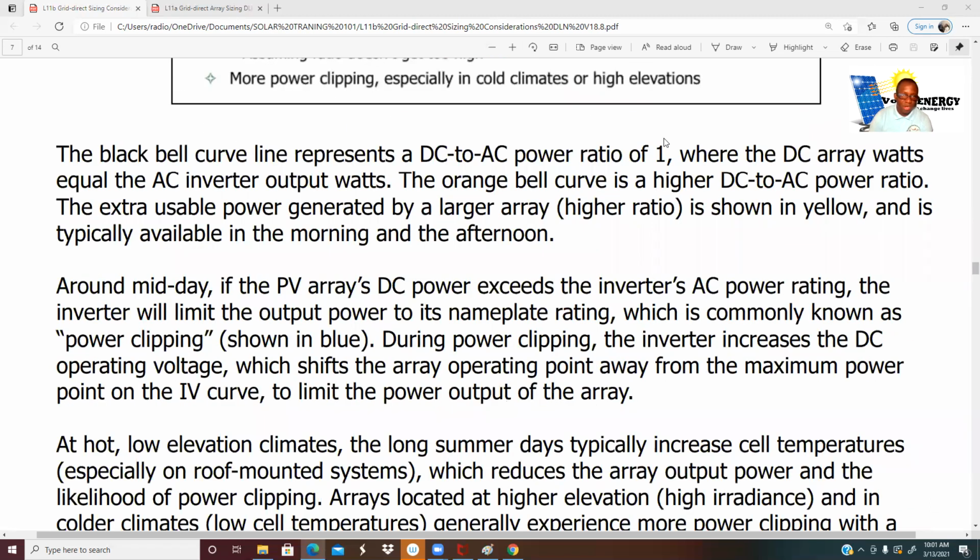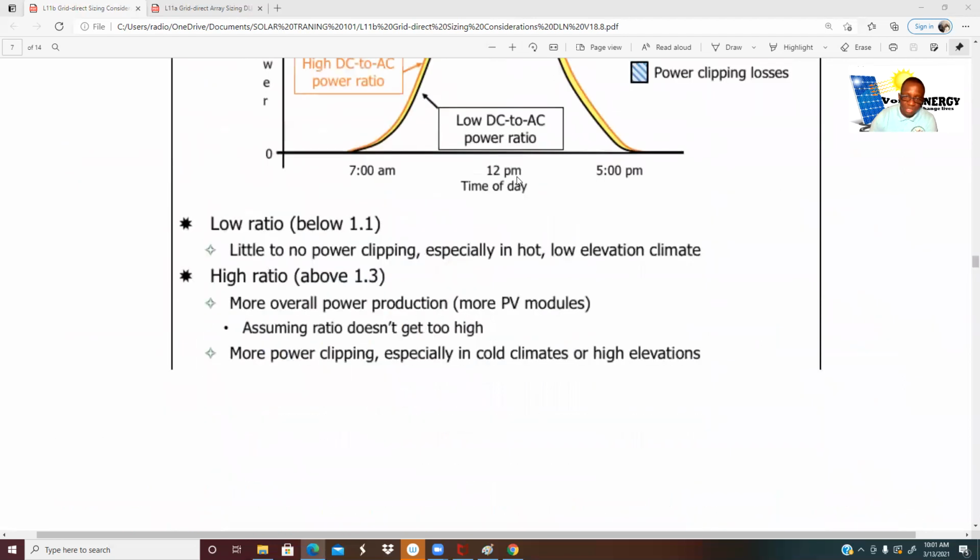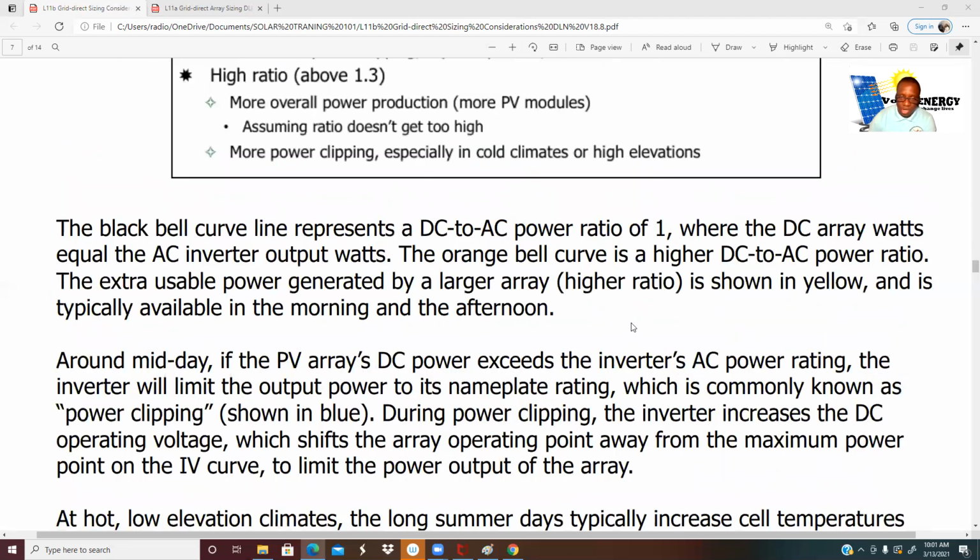The black bell curve line represents a DC to AC power ratio of 1, when the DC array watts equal the AC inverter output watts. The orange bell curve is a higher DC to AC power ratio.